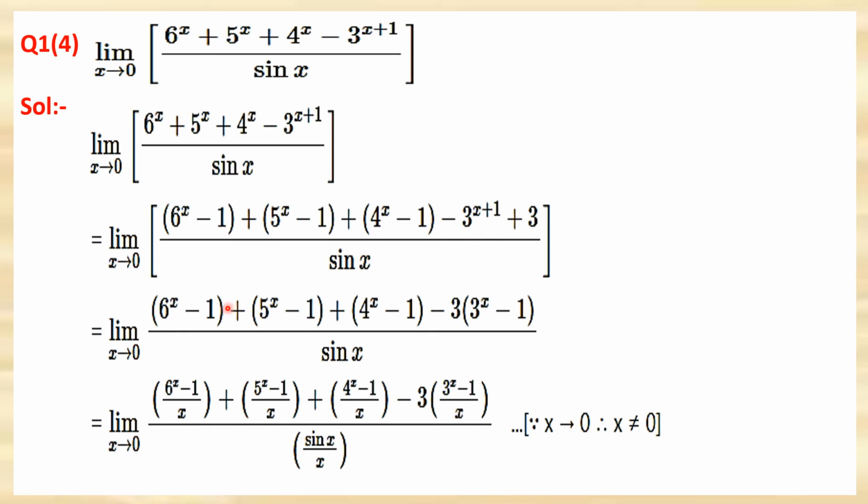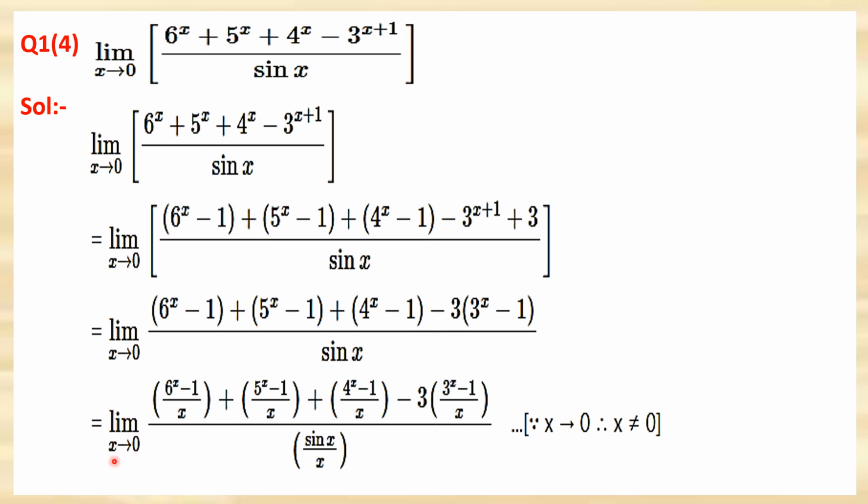Now we will separate the terms, that is 6 raised to x minus 1 plus 5 raised to x minus 1 plus 4 raised to x minus 1 minus of 3 into, here 3 raised to x plus 1 can be written as 3 raised to x into 3 raised to 1. So 3 raised to 1 is 3. 3 is common in these two terms, and minus 3 is taken out, and minus 3 into 3 raised to x minus 1, divided by sin x. Each term we have to divide by x to apply the limit or result.